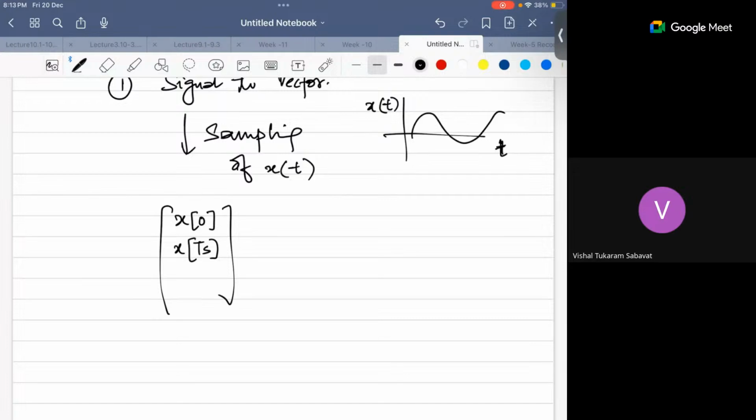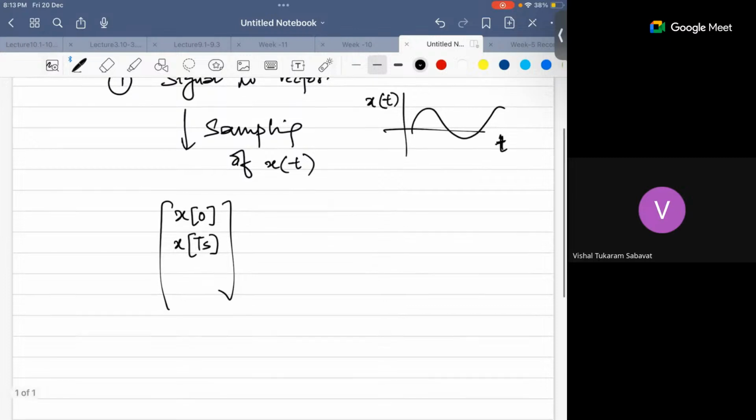The time interval we can manage, but I'm just giving an idea. If we are just sampling it, we can have a vector that can have n number of values. We can put it in the form of an interval or maybe 0 to infinity, whatever, but we'll have a vector, and this signal can be used as a vector.